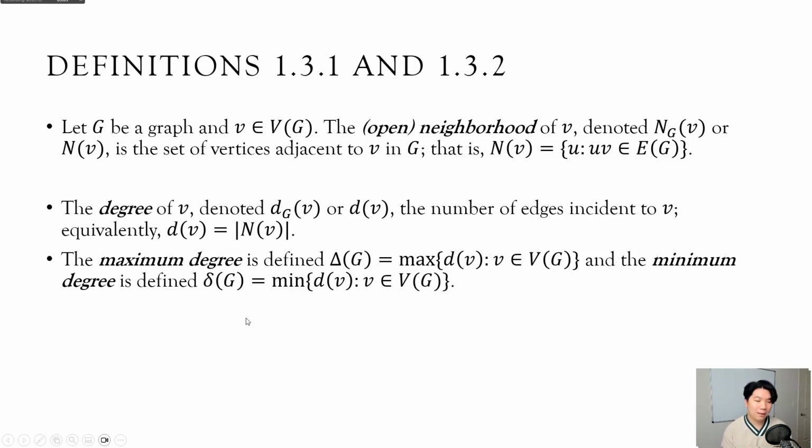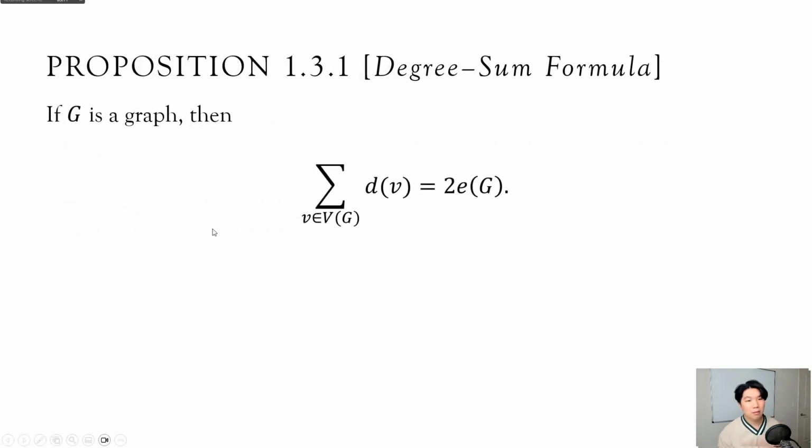And let's go ahead and look at this proposition that's related to these definitions. So proposition 1.3.1, and this actually has a name. We call this the degree sum formula.